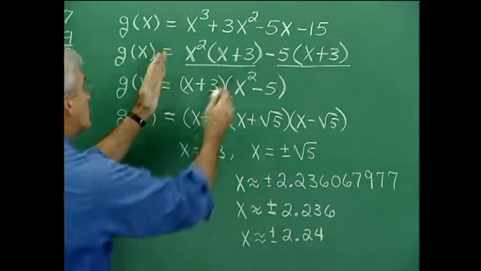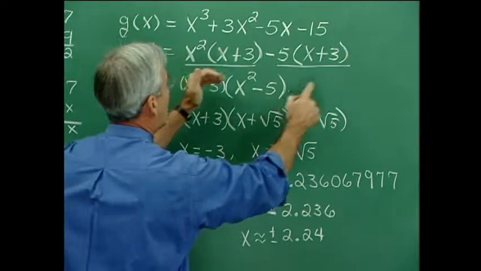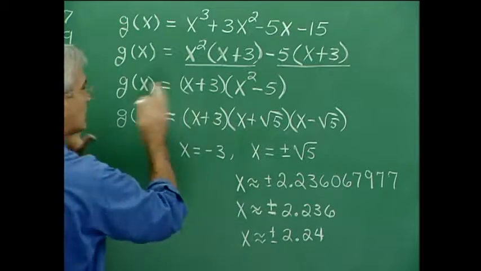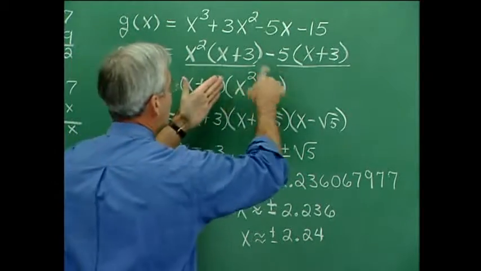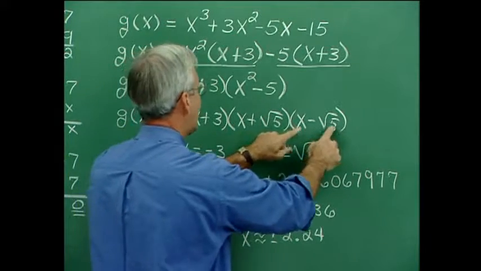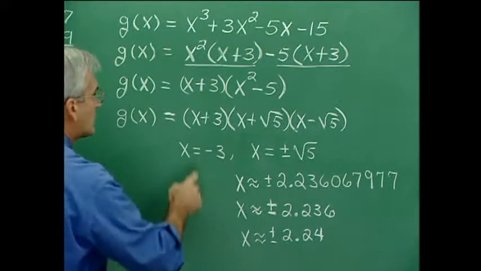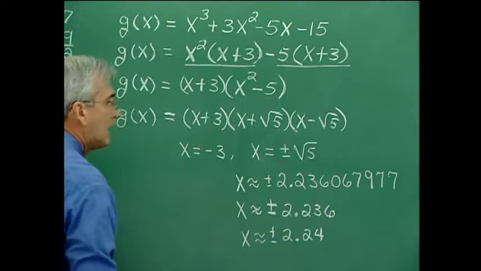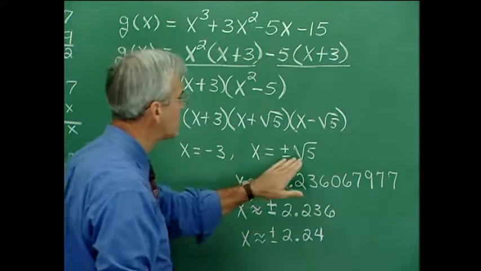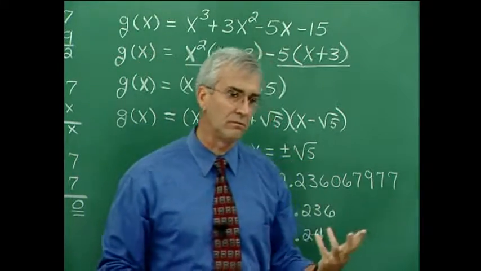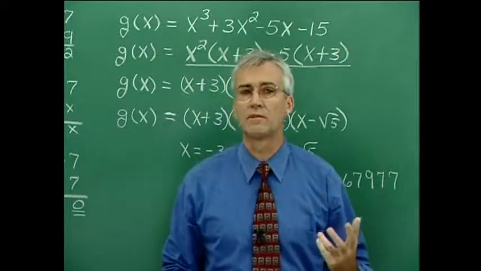I pull x plus 3 out of this term, and we're left with x squared. Pull x plus 3 out of this term, I'm left with minus 5. Now we have that situation we had before, where we can actually factor this right quick. It's x plus root 5 times x minus root 5, and our zeros are negative 3, plus or minus the square root of 5.